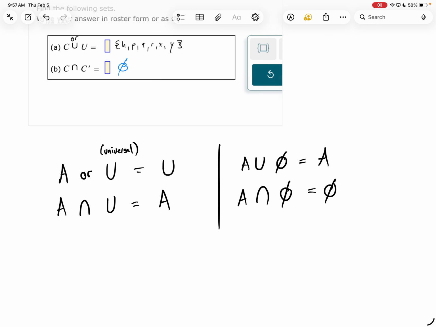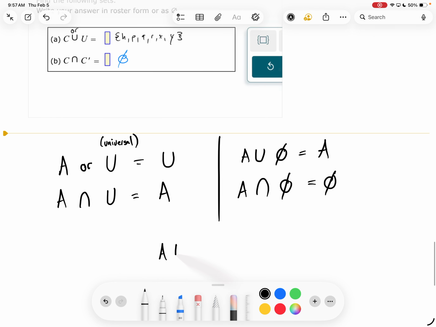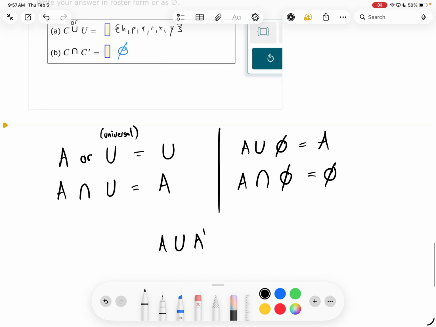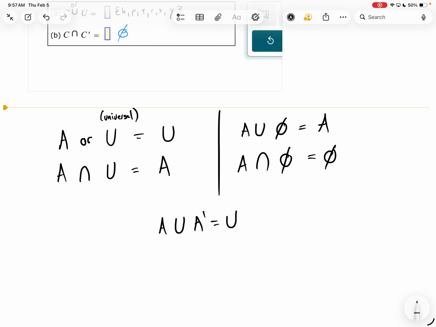And the one that I didn't write right here was the one we just did on that problem, so we've seen it. We can do both of them. A union A naught: what is in A or A naught? That would actually be everything, because you're either in A or you're not in A. So if I combine those, it would be everything.